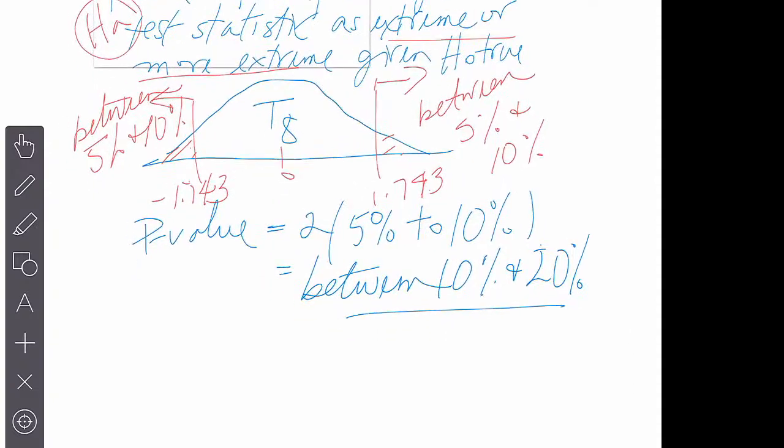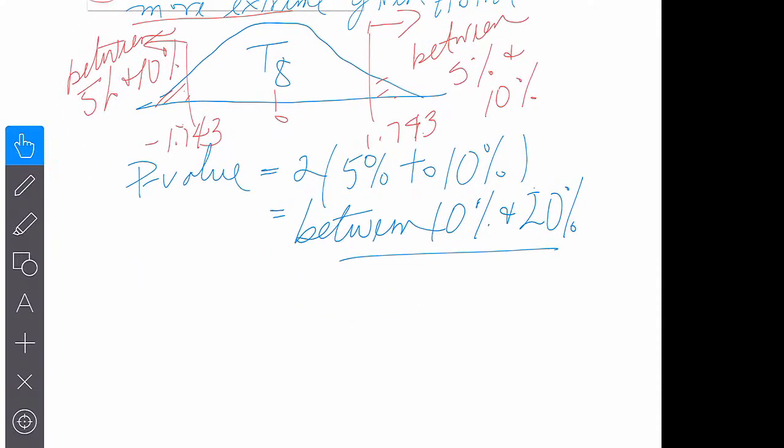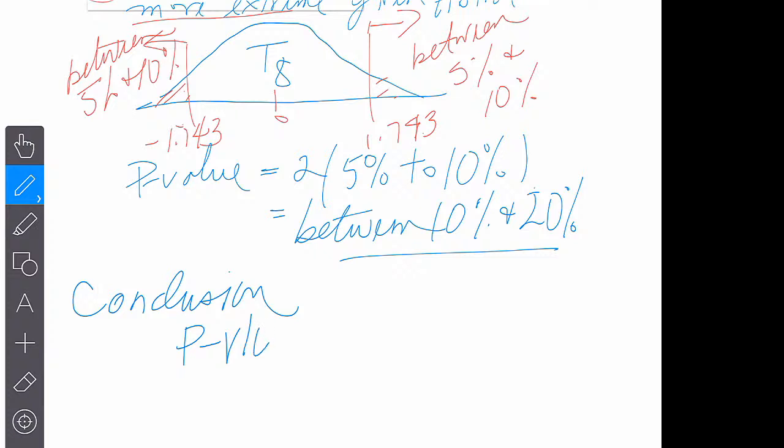So what is considered unusual? The last step is C. C is the concluding step. The conclusion is always that, this is always the conclusion. This is the way you make your conclusion.